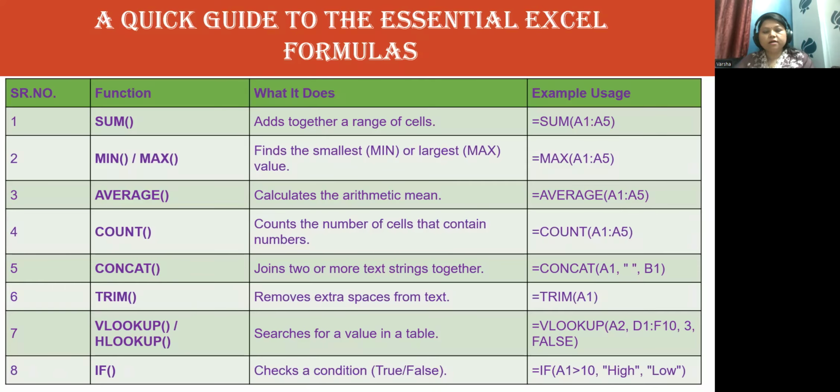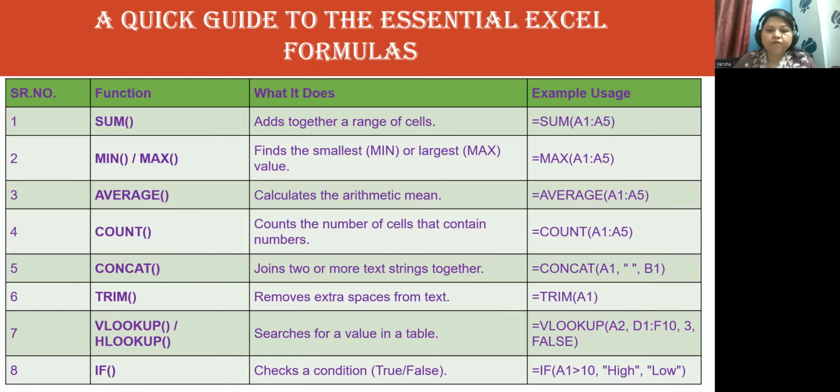So a quick guide to the essential Excel formulas. Now we are at the end of the session, and let us see what we have studied in this lecture. This is a quick summary of today's lecture. Sum adds together a range of cells, that is a sum from A1 to A5.